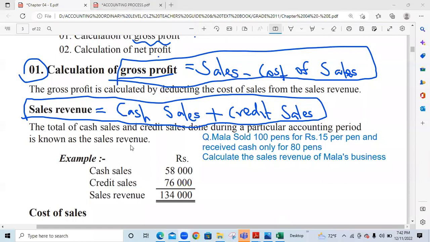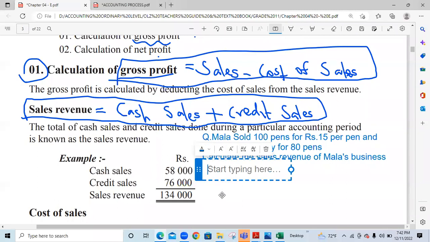So then, guys, how many pens were sold on cash? 80. So how much is the cash sales? 80 pens were sold on cash while each pen is 15 rupees. What's the value?